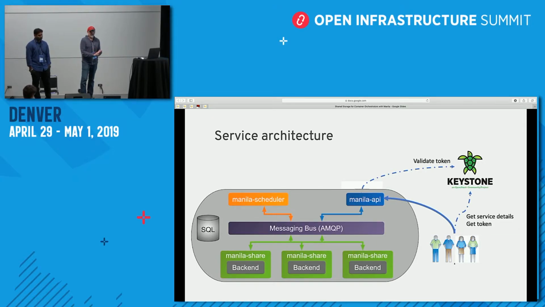And we need a messaging bus, which is typically RabbitMQ, and we need a database, MySQL, Postgres, whatever. That's all that's really needed to run Manila. And if you interact with it with OpenStack multi-tenancy, you need Keystone, because you have to get the Keystone tenant and so on. But that is pretty lightweight.